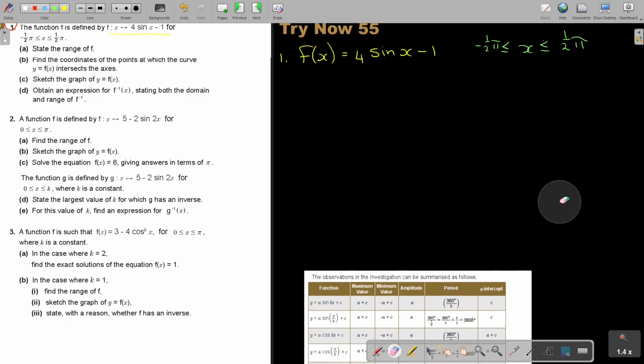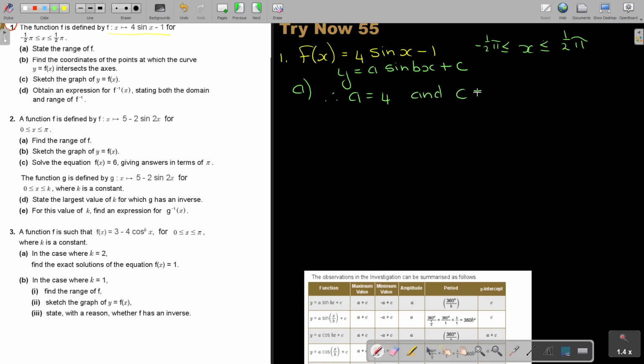So if I start with number A, I know that A is 4 and C is... So if I think of y equals A sin bx plus c, I can see that therefore A is 4. Do you see that? And I can see that C is negative 1. Okay, so I see that.